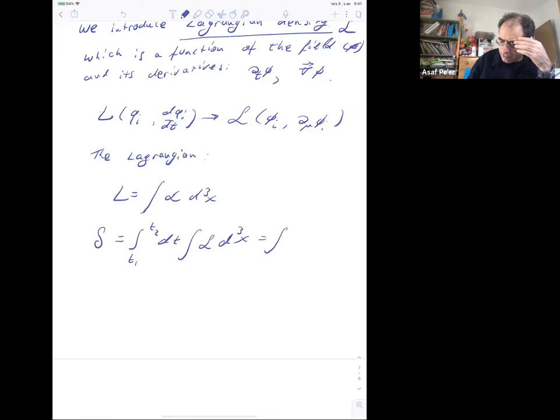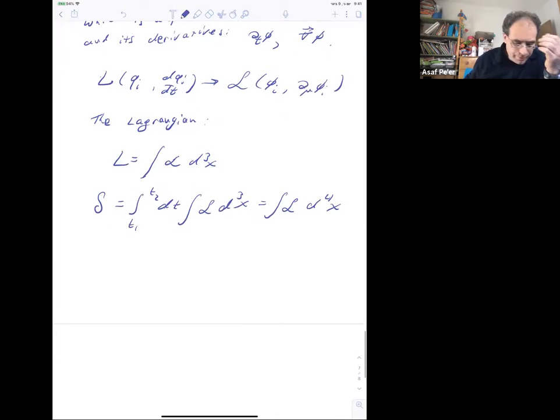So it's really integral of L over the 4 coordinates. This is the 4-volume, basically. So by doing that, we can generalize the concept of the action to the framework of the relativistic theory.